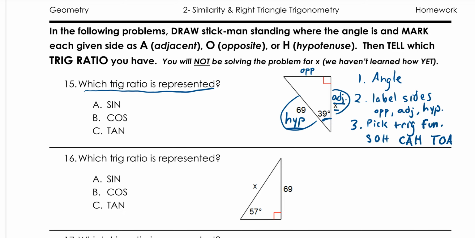So we come over here. SOH is opposite over hypotenuse for sine, so that won't work. Cosine is adjacent and hypotenuse, so that's our function. So that's our answer, cosine. That's really all there is to it. The more you do it, the better you're going to get at it, and that'll be almost instant, knowing what trig function you're using. That's the first type of problem.